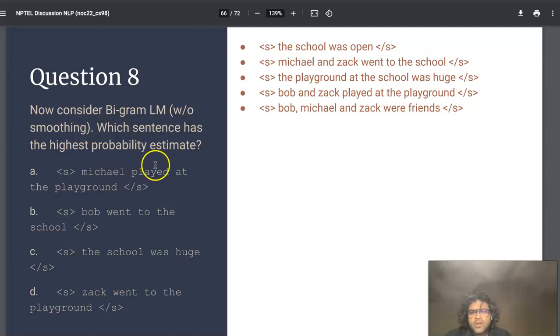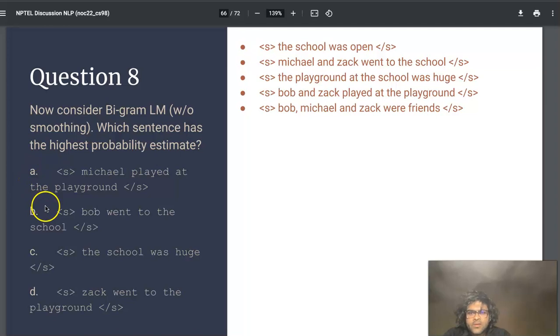But can you find this here? Played is never followed by Michael. Only once played happened, but it's followed by Jack. So this sentence is not possible. So option A is not possible. I hope you get the logic.